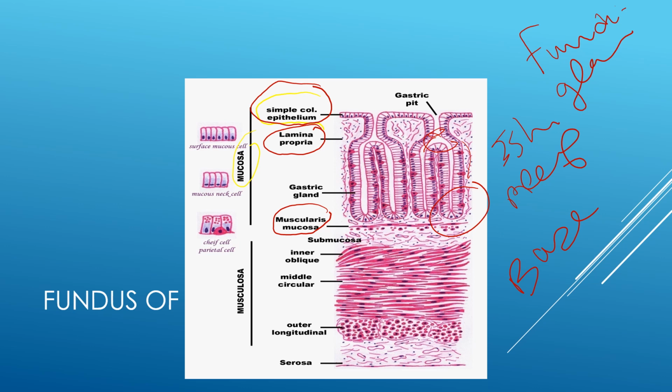They are the isthmus, neck, and base. After the mucosa, there is the submucosa, which is loose connective tissue. And then we have the muscularis externa, which is formed of three layers: inner oblique, middle circular, and outer longitudinal muscle fibers.